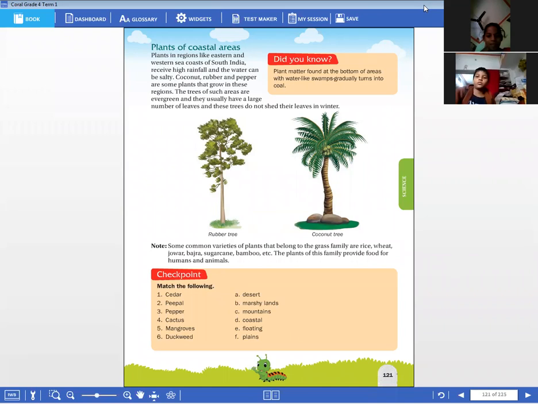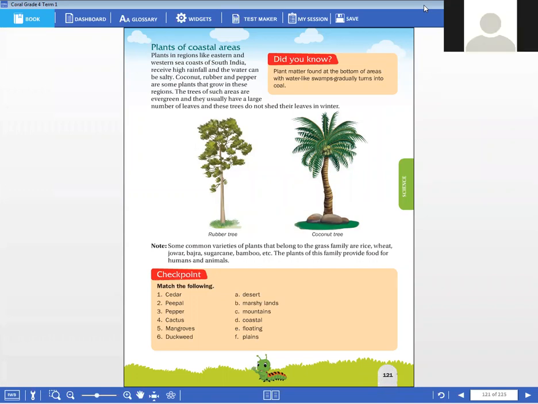Okay, I'm just pronouncing, children. You have to do this activity by your own. First one is cedar. Second one is pepper. Third one is pepper. Fourth, cactus. Fifth, mangroves. Sixth one, duckweed. And coming to column B: A, desert.